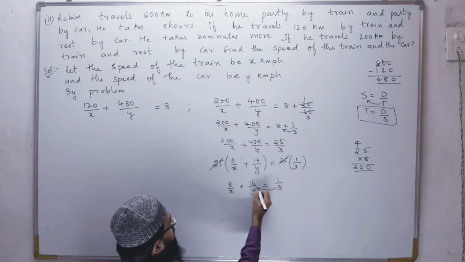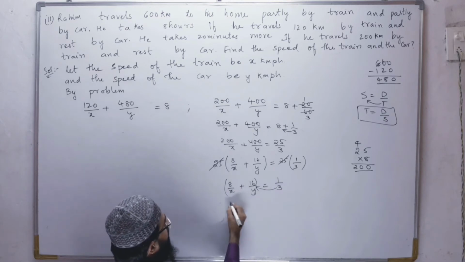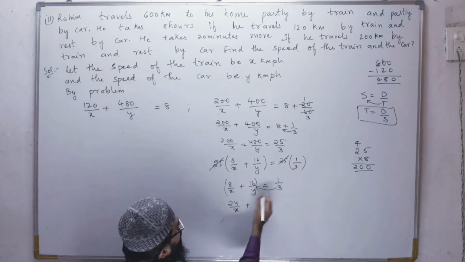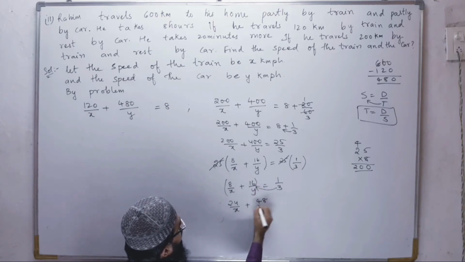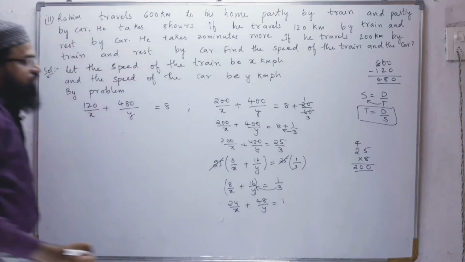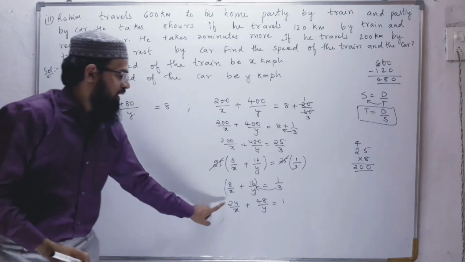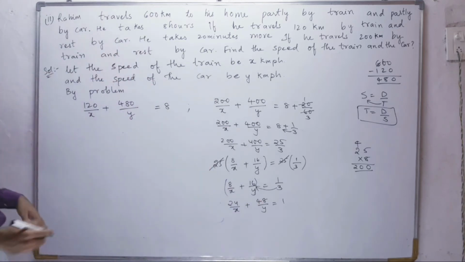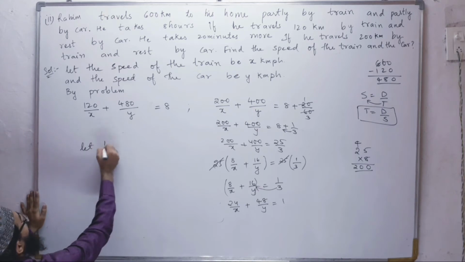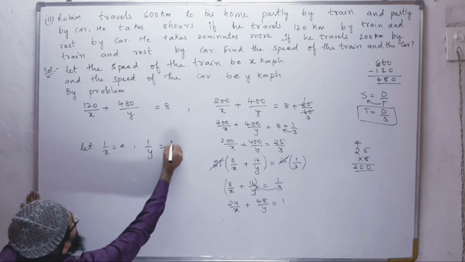Next we multiply the 3 with both numerators. 3 eights are 24 by x plus 3 sixteens are 48 by y is equal to 1. Next, we are going to take 1 by x as a. So let 1 by x be equal to a and 1 by y be equal to b.